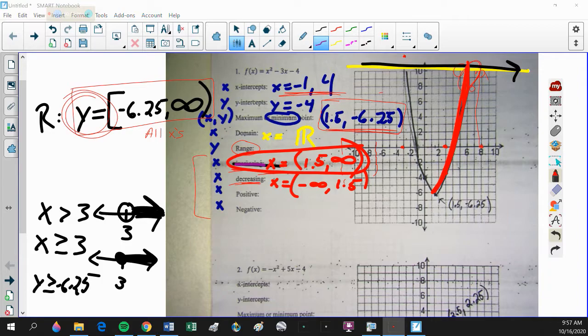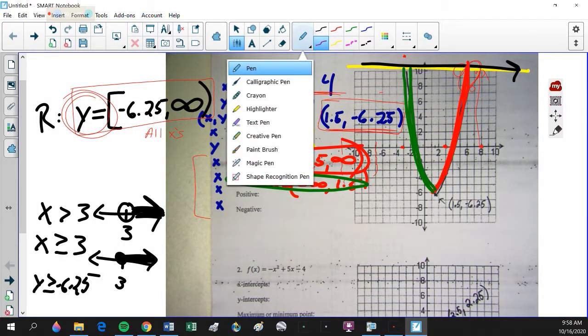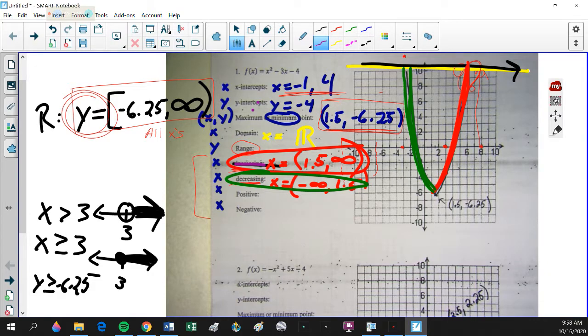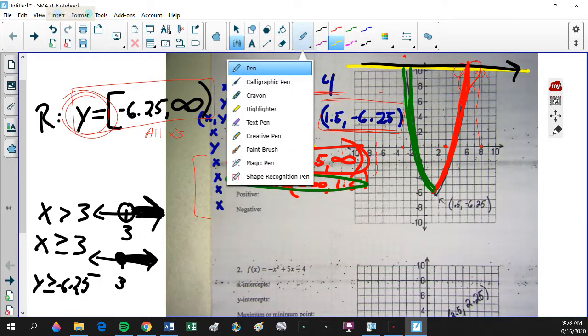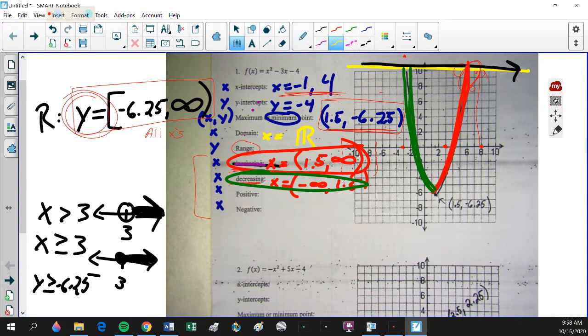And then get a different color and highlight decreasing and then highlight decreasing.